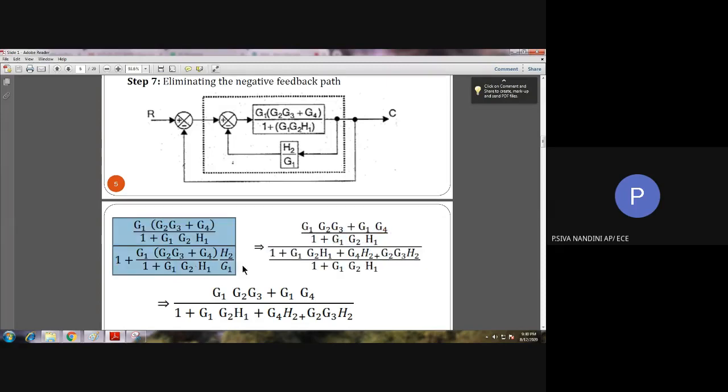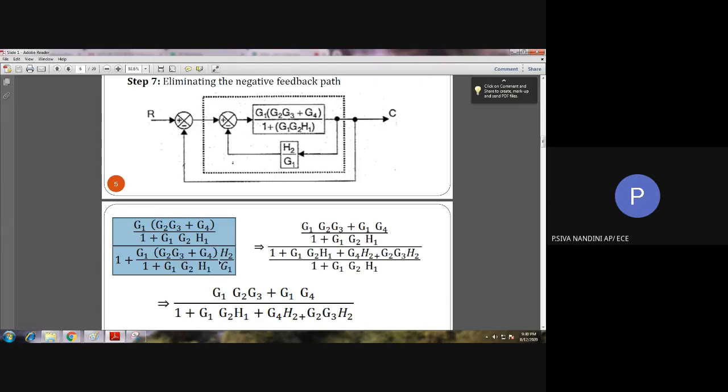That is, first of all, we can cancel this G1 here and this G1 here in the numerator. If you see in the denominator, we are having the second part, we are having G1 in the numerator and G1 in the denominator.